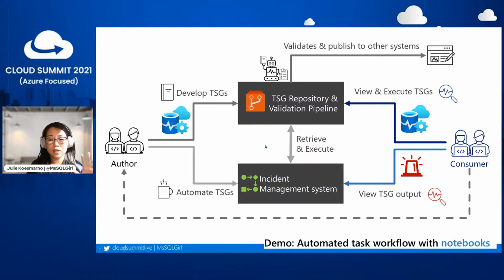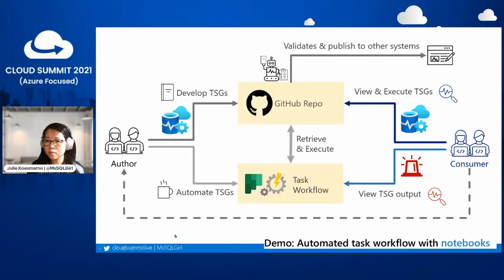Essentially, you can have author and consumer, and there is the pipeline of the TSG repo and validation that you can use. This is super important, especially if you have a pipeline that can check your credential scan or passwords, etc., that might be accidentally included in your troubleshooting guides. That is something you should consider.